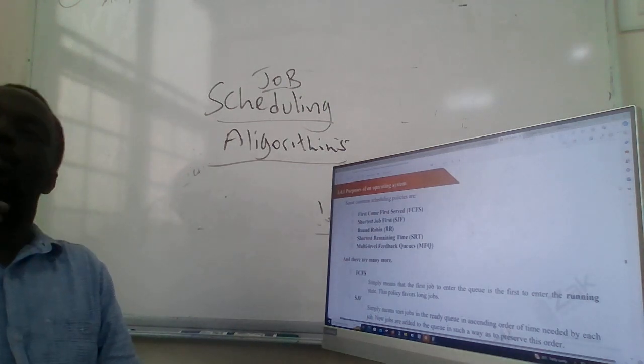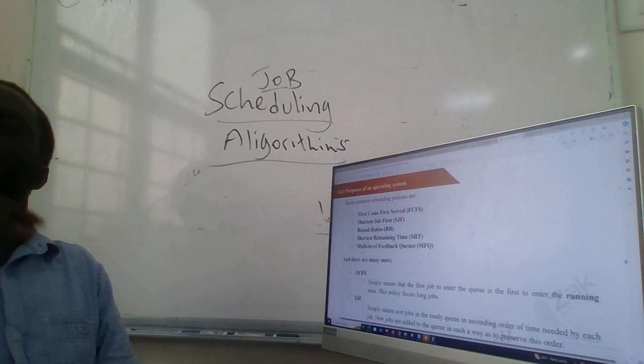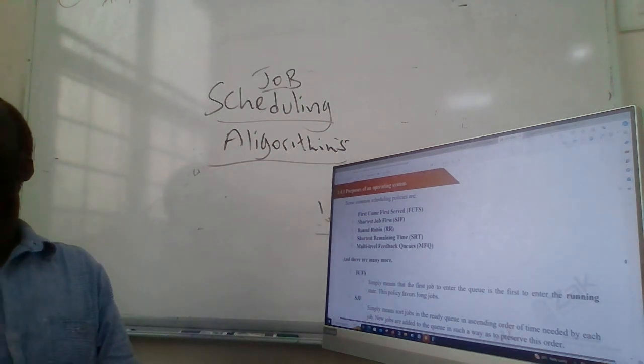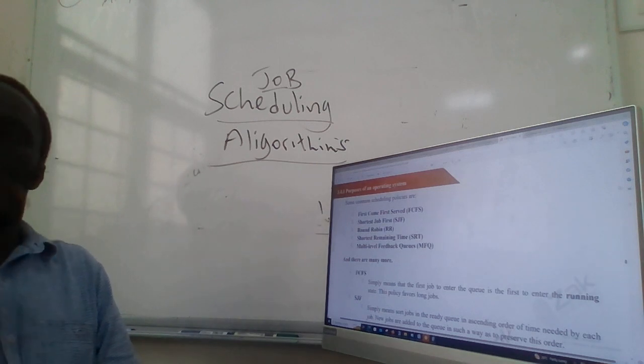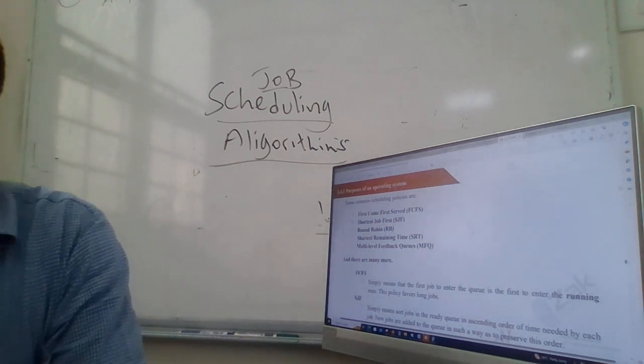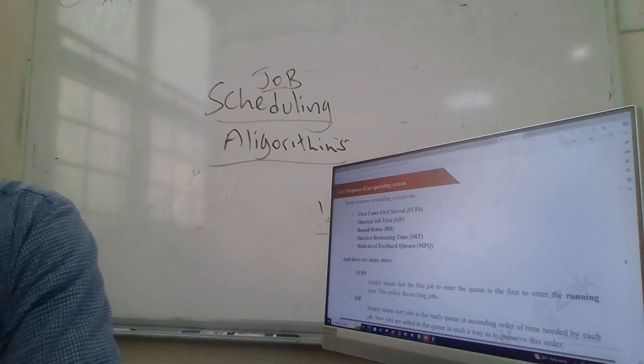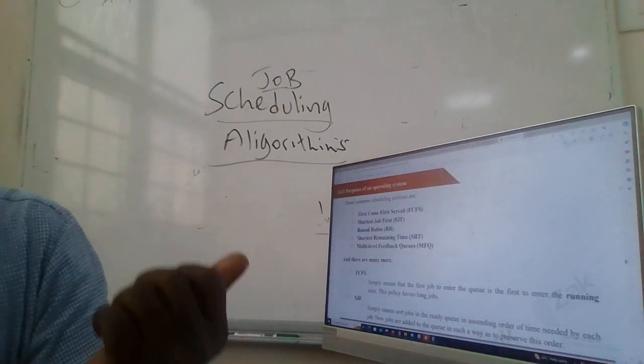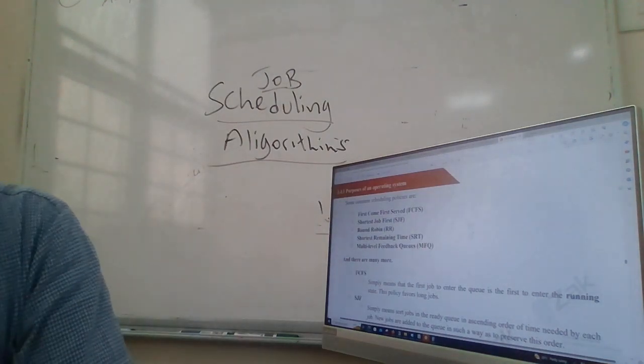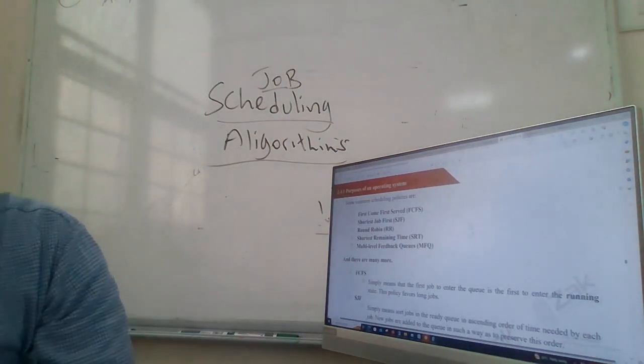So they are given time slots, the maximum time they should take while using the processor. If that time is over and they're not finished, they are removed from the processor and taken back to the ready state. If they are finished, they're taken to the blocked state. Are you getting me?